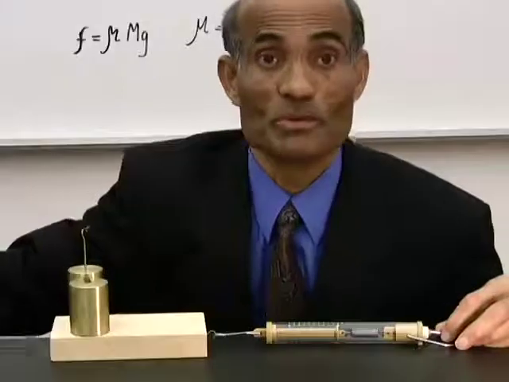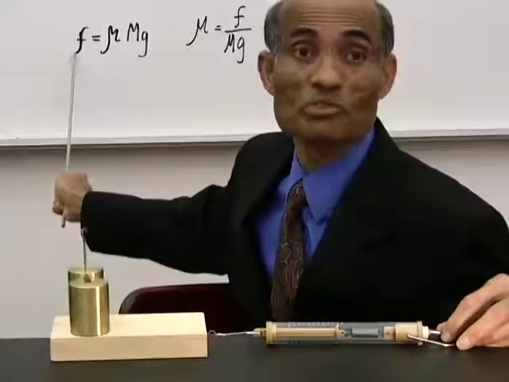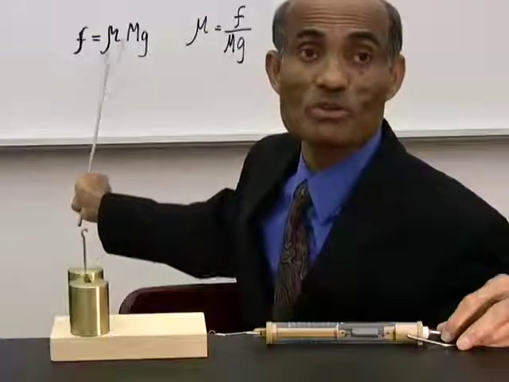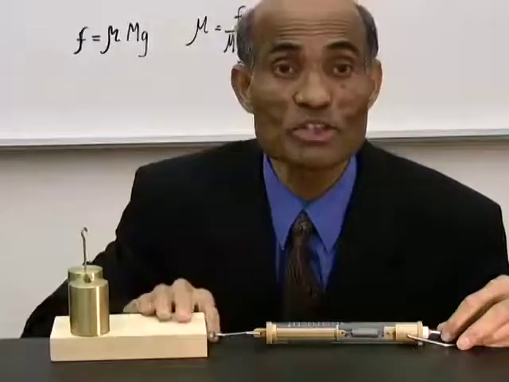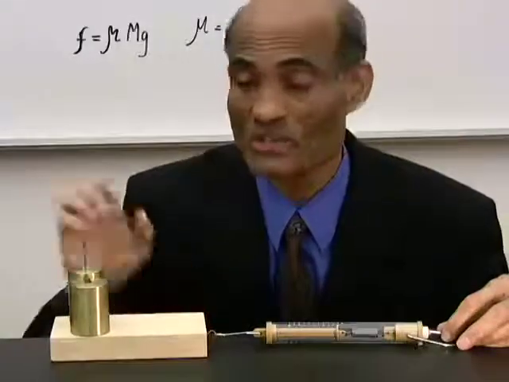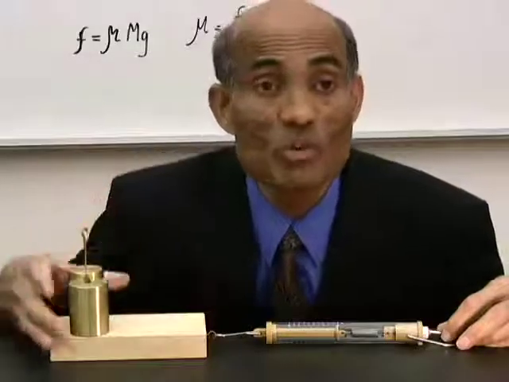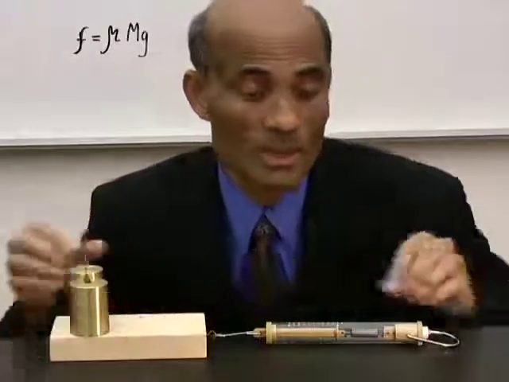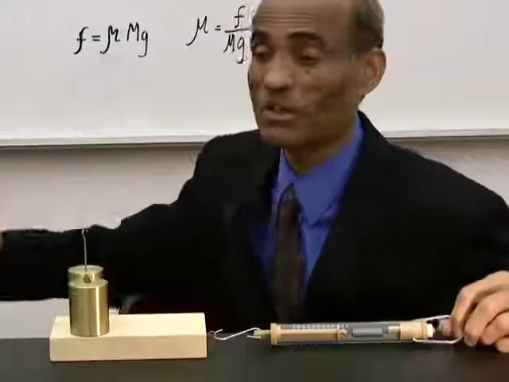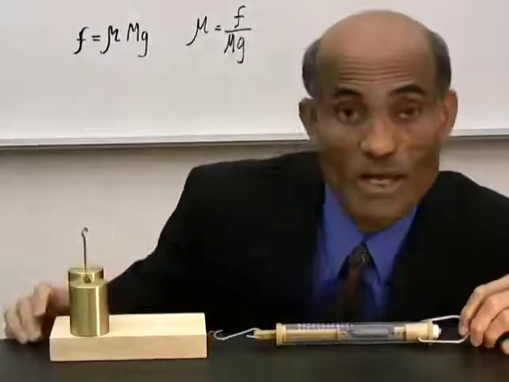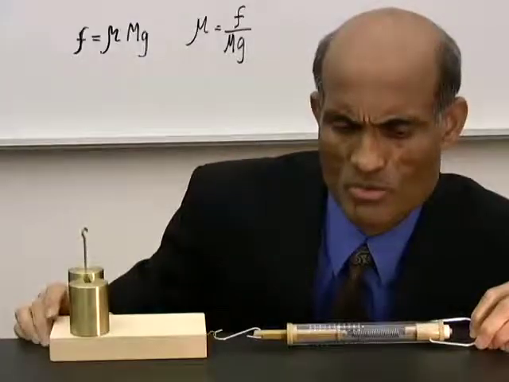Now you know that the force of limiting friction between two surfaces equals mu times mg, where mu is the coefficient of friction between the two surfaces, m is the mass, and mg is the weight of this system. Now, let's measure the force of limiting friction. All I need to do is slowly pull.